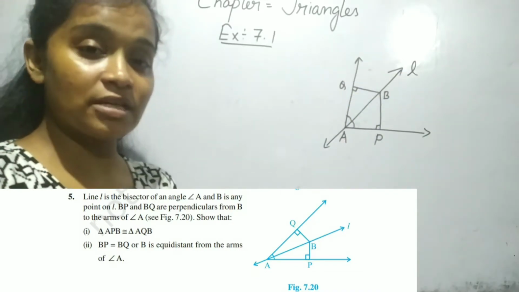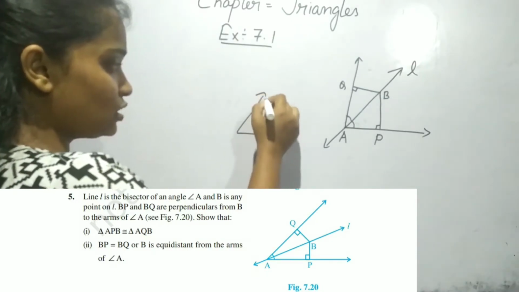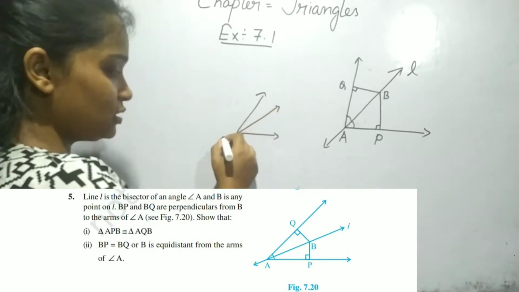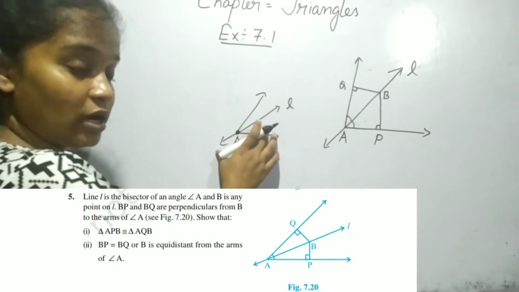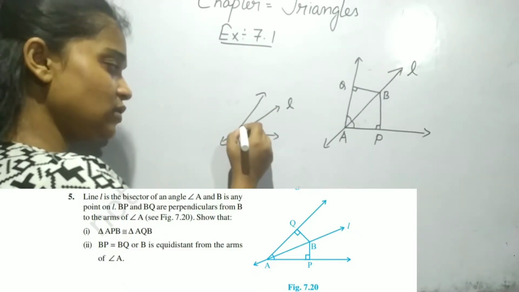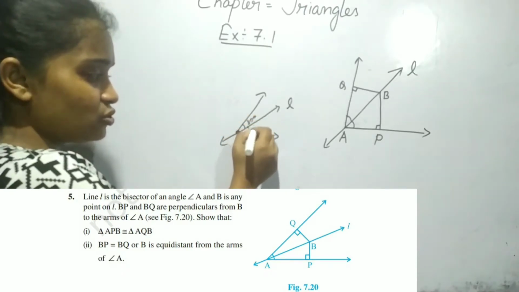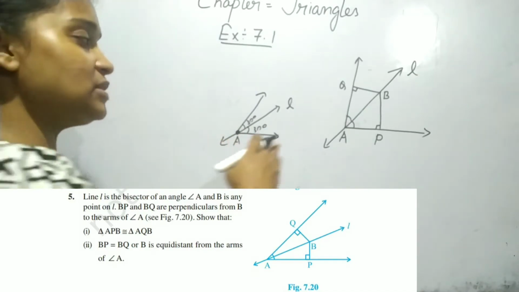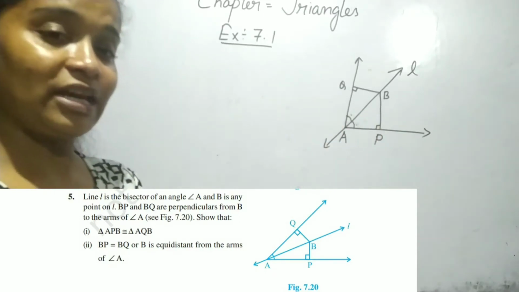Now what do you mean by bisector? If I talk about the angle bisector, if I am drawing a line on this point, this is an angle, so this is a line. What do you mean by bisector? If this line bisects, it makes two equal parts, like if it is 30 degrees, this is also 30 degrees, then I can say that L is the bisector of angle A. That means it will make two equal angles, so this angle and this angle are equal.